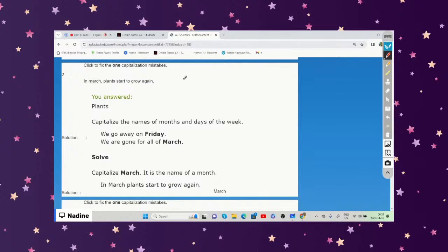And if we fix the capitalization mistake, it will be March. And March is a month of the year. So we capitalize it.